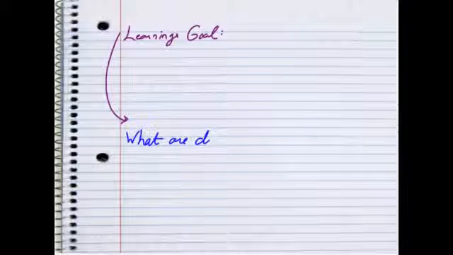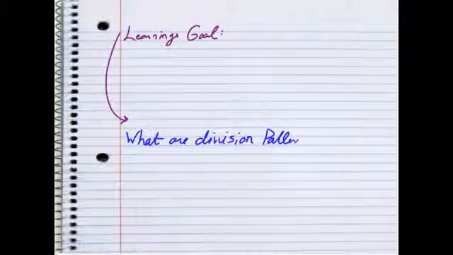So what are division patterns? Well, division patterns have to do with when you add a 0 to the end of the dividend, the quotient ends with one more 0.